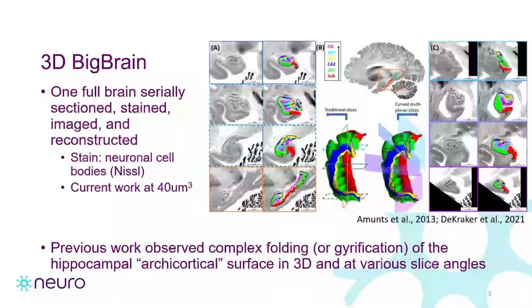Previously we looked at the hippocampus of this data set, and we found lots of interesting features, including extensive folding, or gyrification, or digitation if you like, within the hippocampus, and lots of other interesting features like this. However, that may have been a bit of a warning of a technical challenge to come.